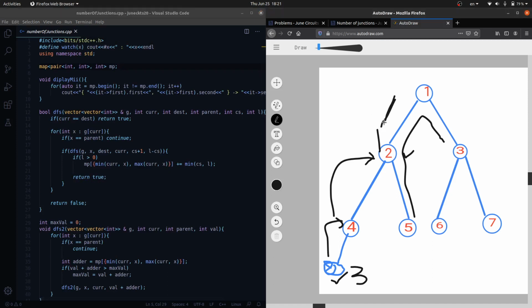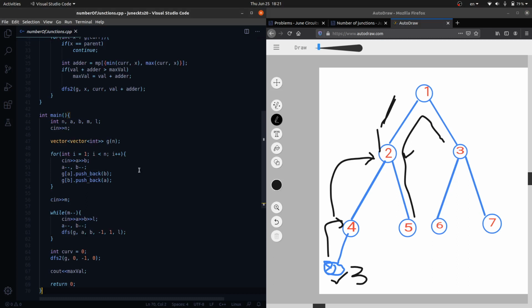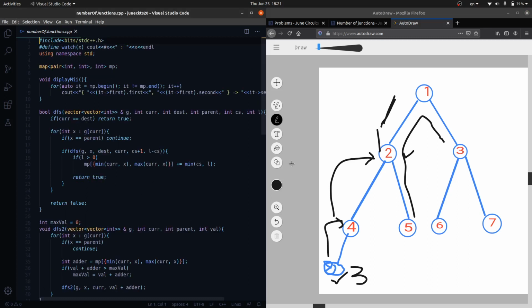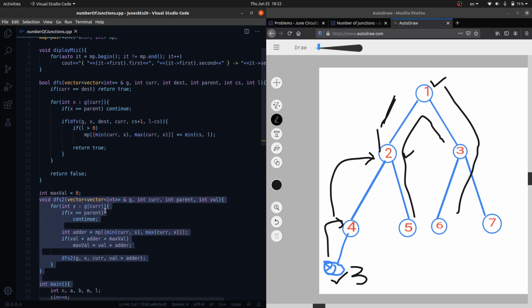And when we have done the DFS for each and every input, we just do a DFS from the root node that we have assumed as 1. So when we have done that, we just take the path that has maximum oil spilled in this function. You will get the link to this code in the description.